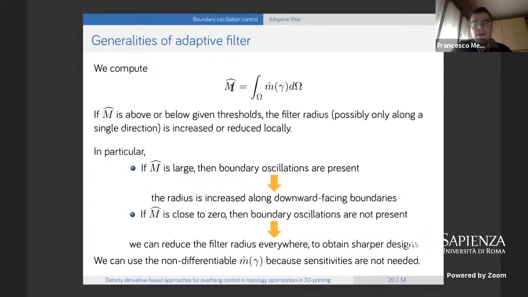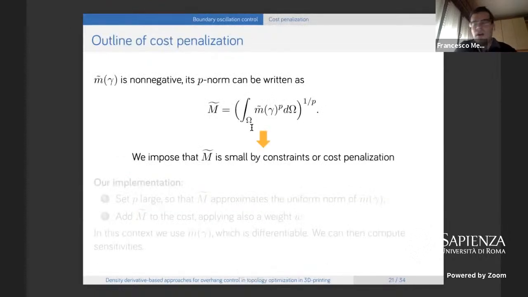In this case, we can use a non-differentiable projection because we do not need sensitivities. This is just a measure which guides us. It is not involved directly in the topology optimization problem, so we don't need it in the sensitivities.